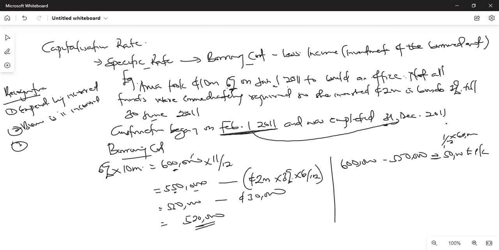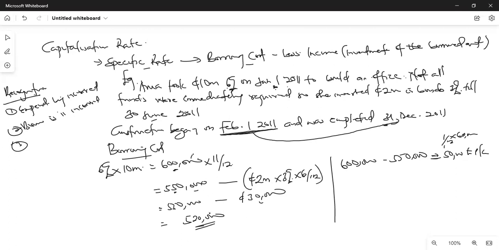All right, that is it. Now you realize that even with this 30,000 that we had, that is commencing from January, we now need to also factor in the 1 month that is not being considered at the borrowing cost level.